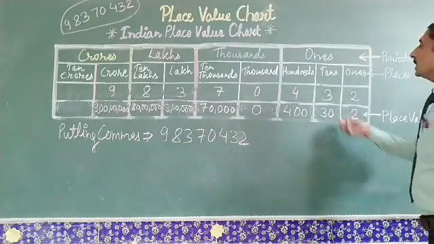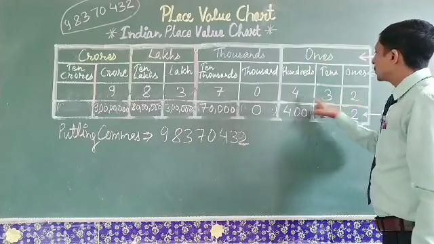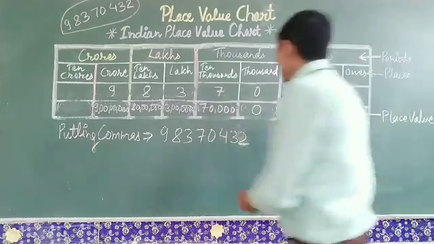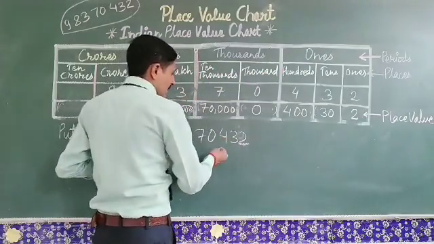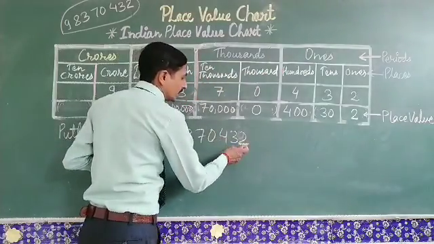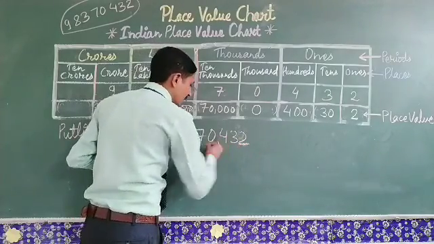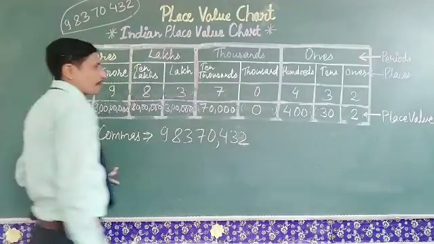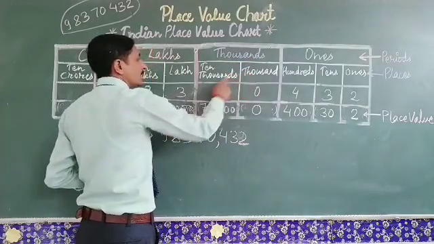Here you see in the ones period we have 3 digits, 3 places. Put a comma in front of 3 digits from the ones place: ones, tens, hundreds. Another period is the thousands period, which has 2 places: thousands, ten thousands.